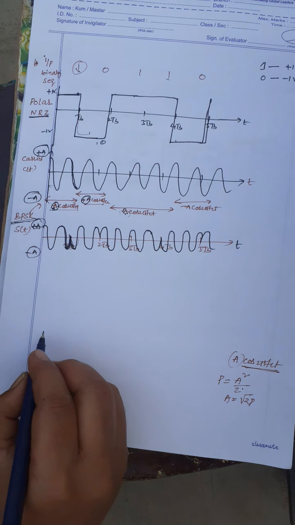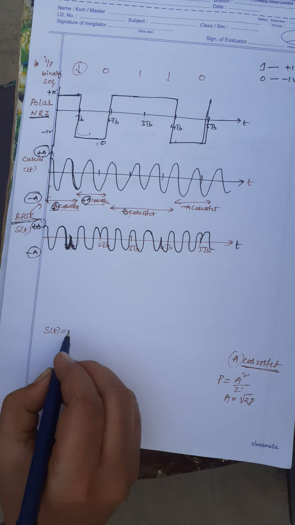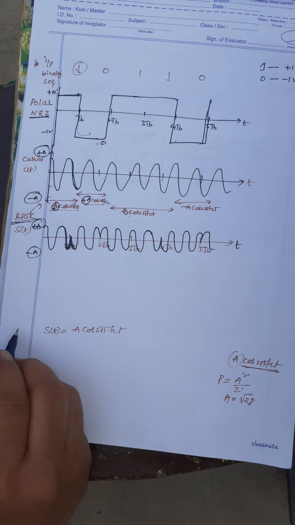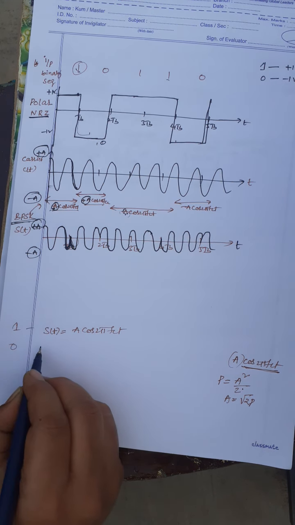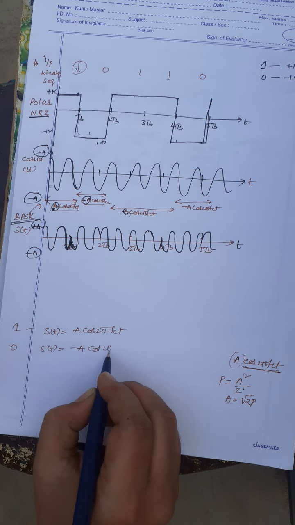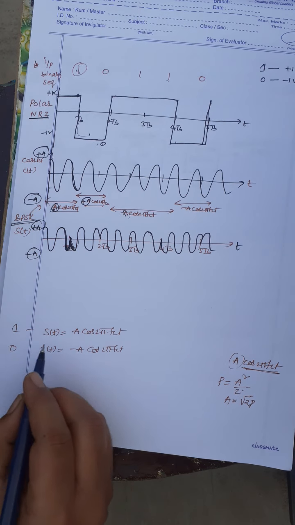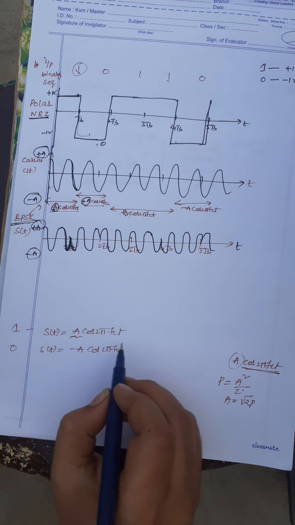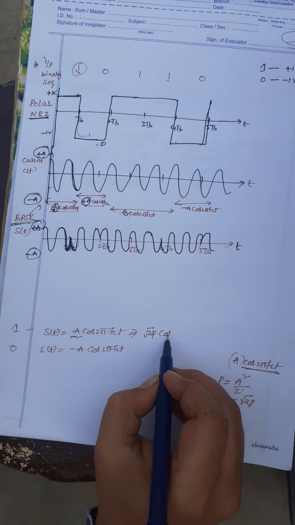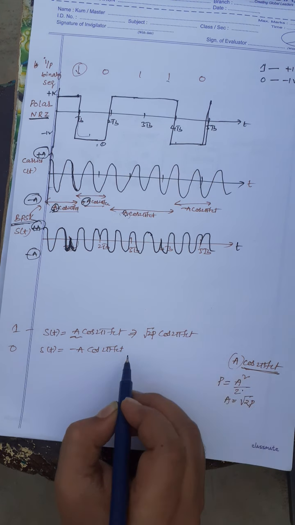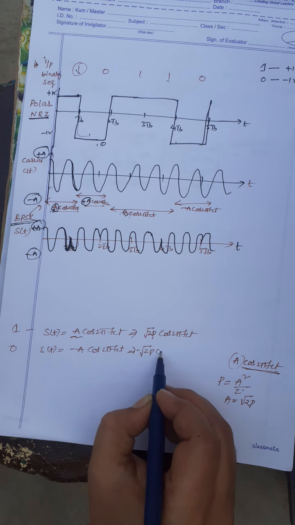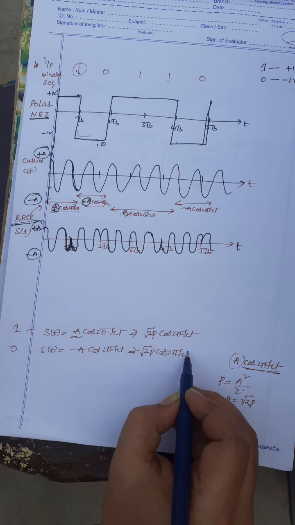Some books write the S of t equation like this. Our S of t equation is S of t equals A cos 2 pi fct for bit 1, and for bit 0, S of t equals minus A cos 2 pi fct. Some books write under root 2P cos 2 pi fct, and here minus under root 2P cos 2 pi fct.